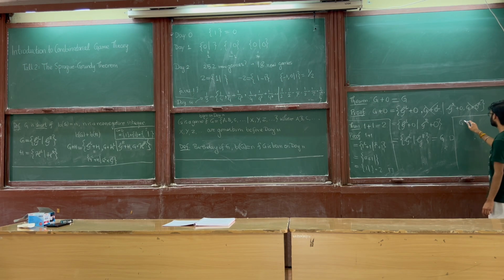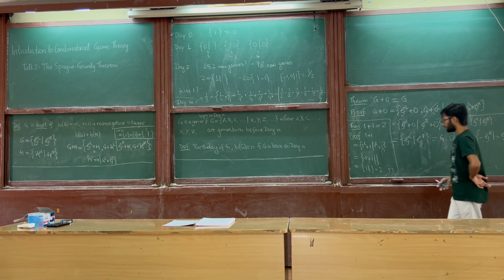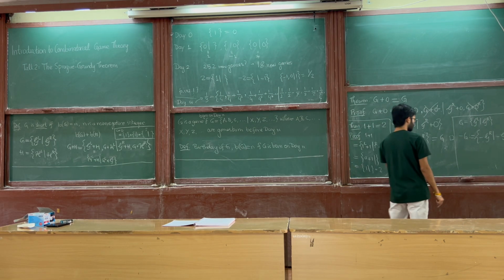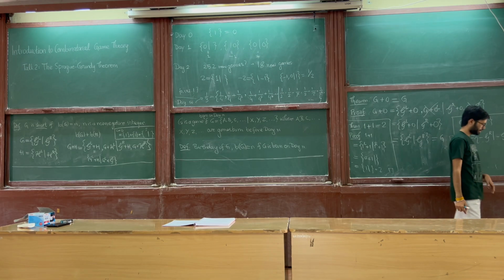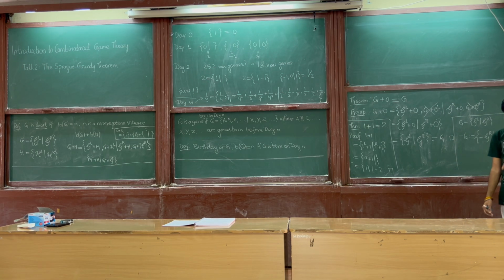So if I have a game G, I define minus G to be minus GR bar minus GL. Again, a very recursive definition. Minus GR just means minus of everything in the set, and same thing here. And since the birthdays of things here are strictly smaller than the birthday of G, the definition is fine.